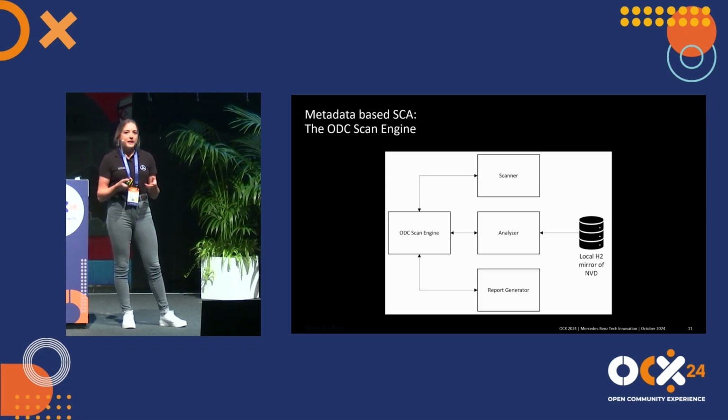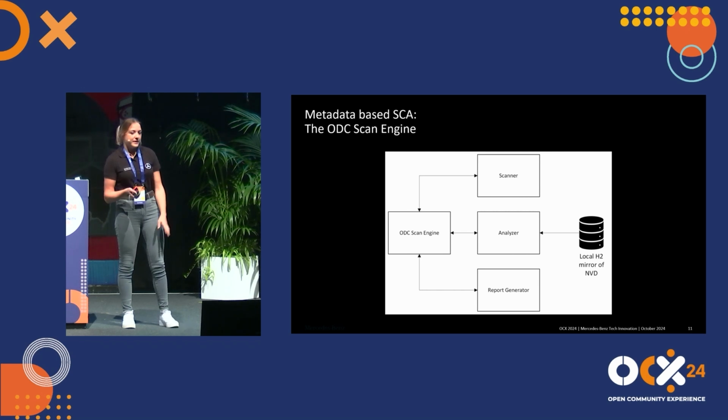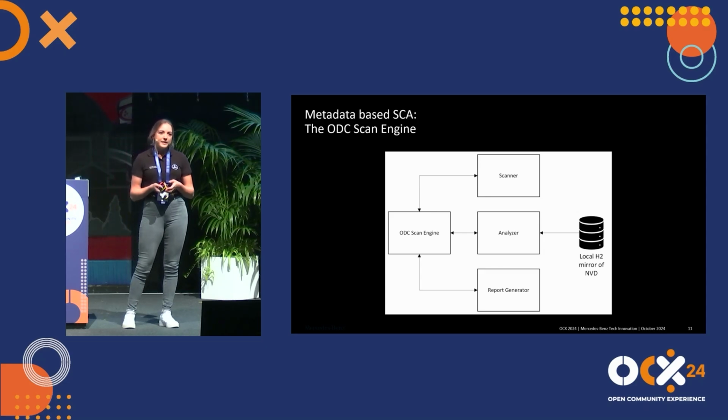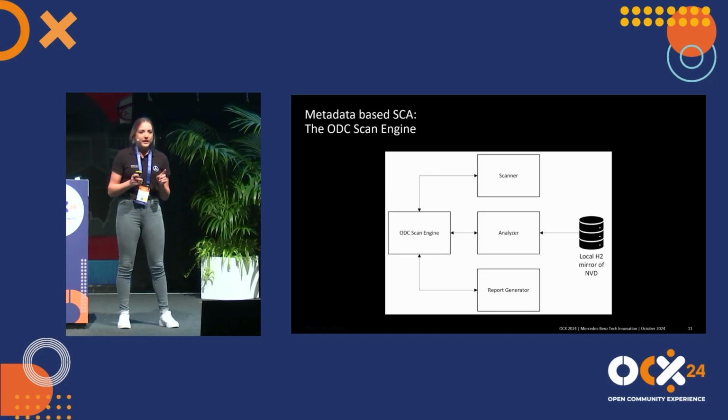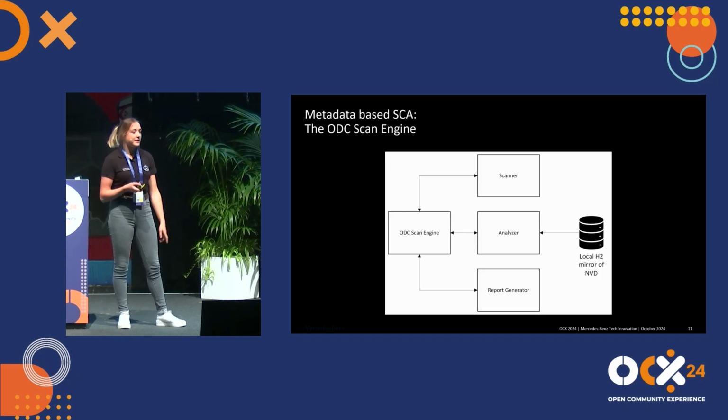Evidence can be anything like a description for a library and the version. Then we deliver this evidence to the analyzer that compares the NVD, or a local mirror of the NVD, with the CPE, the Common Platform Enumeration, and it looks for matches. When it finds a match, it generates a report with the results.